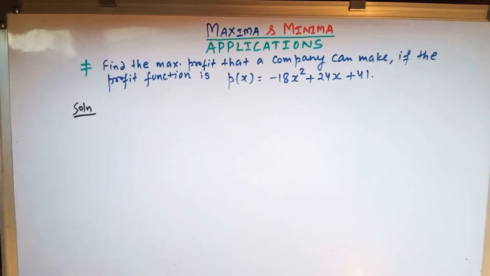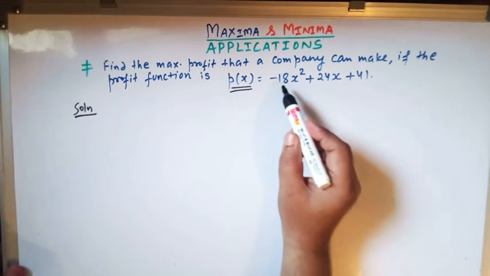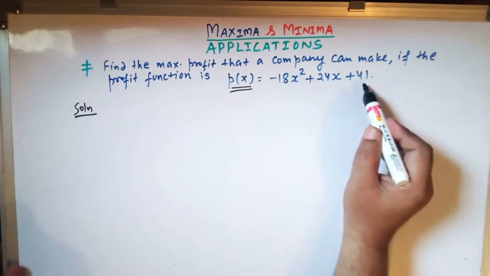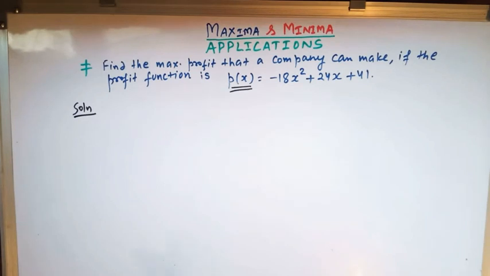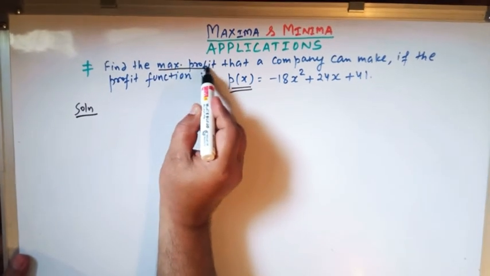The first question is, find the maximum profit that a company can make if the profit function is given by p of x equals minus 18x square plus 24x plus 41. Clear? Now here we have to maximize the profit.